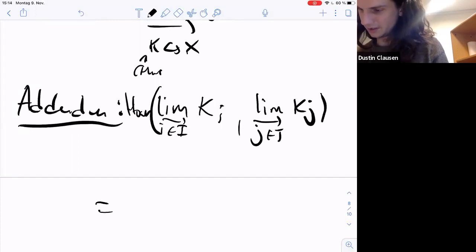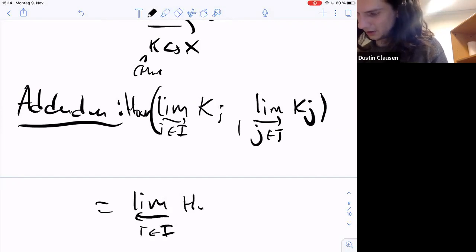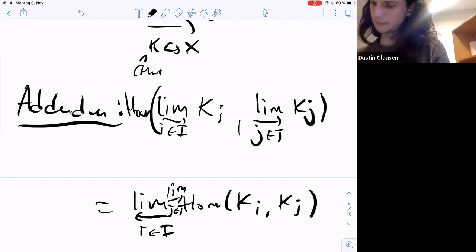So it's the inverse limit over i in I of the colimit over j in I of Hom(K_i, K_j).